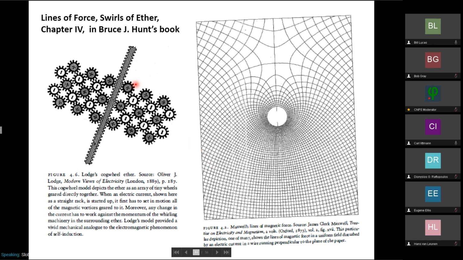A very old conceptualization of magnetic field and magnetic induction was that you have this form, a stick that has these shapes, and the current is represented by the movement of this stick, and that stick is buried in a sea of gears, as shown here.